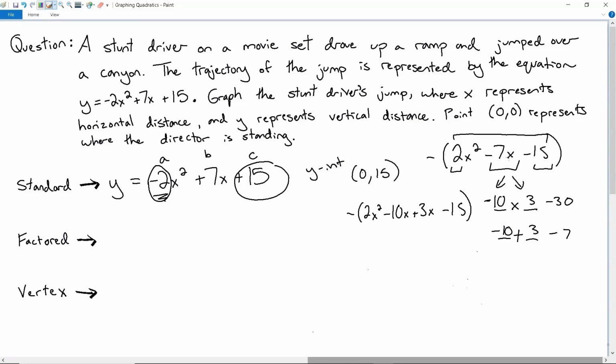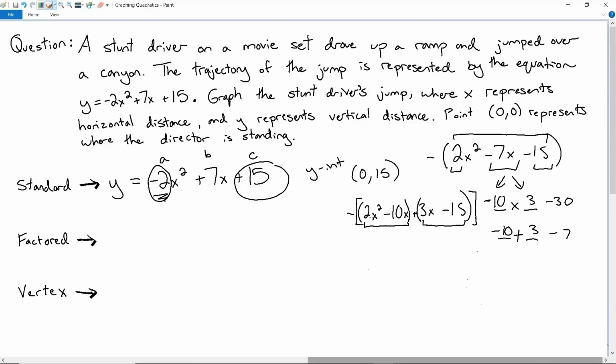I've taken my -7x and I've broken it down into -10x and +3x. And now what I want to do is look at the pairs of terms that I have. So if you want, you can actually put new brackets around these terms just to help visualize this.